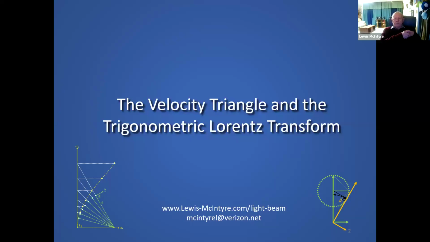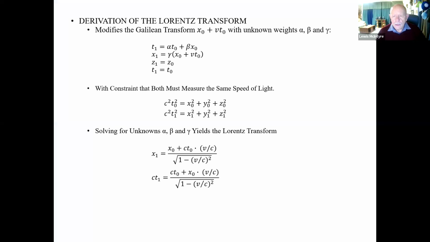My previous videos have discussed the trigonometric graphical solution for the Lorentz transform that I call the velocity triangle. The Lorentz transform is the basis for special relativity, but it was derived in 1892, 10 years prior, from the familiar Galilean transform, which simply relates measurements between two reference frames in relative motion.